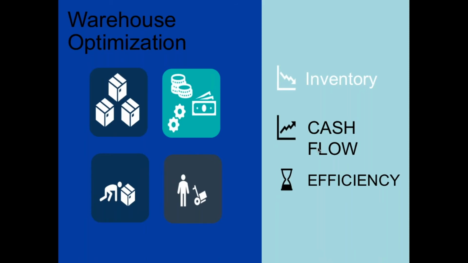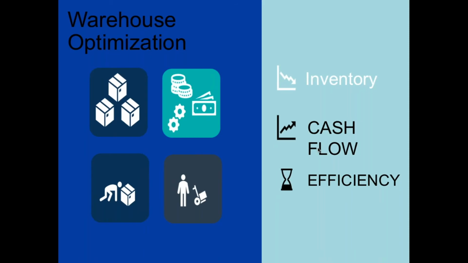So this warehouse optimization reduced the inventory, increased cash flow because now we're selling a lot more, and also increased what is called pickup efficiency, which is, as a warehouse manager, I'm able to drill down not only in one specific warehouse in the country, but all the way to the floor and to the employee level to say, okay, this specific employee is taking way longer to ship parts to the customer.